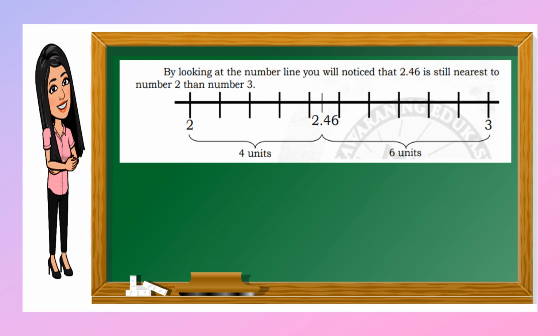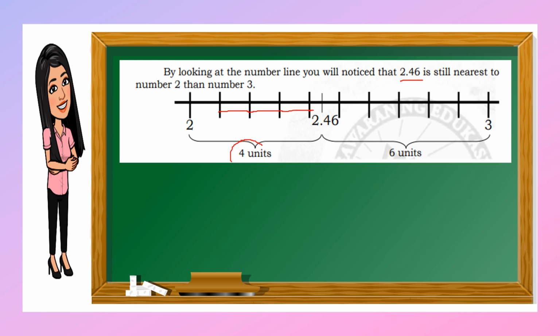Tignan natin kung saan mas malapit si 2 and 46 hundredths. So, as you can see, si 2 and 46 hundredths ay mas malapit siya sa 2 kaysa sa 3. Because from 2, we have 1, 2, 3, 4.